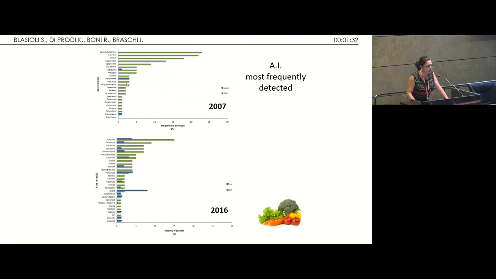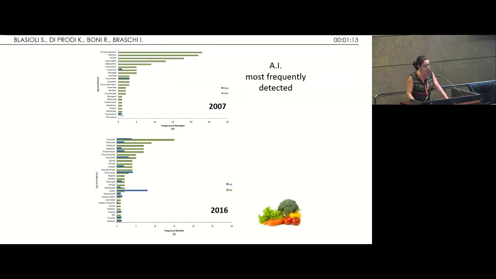Of course, I'm talking about the green part of this graph. There are some small bars in blue. Sorry, the difference of color is not so straightforward, but this is the value reported by EFSA for Italian food.